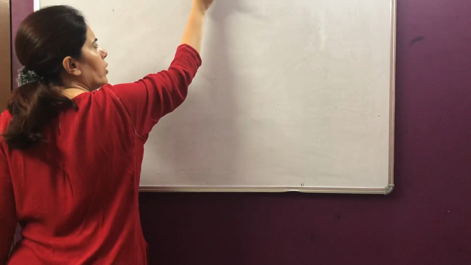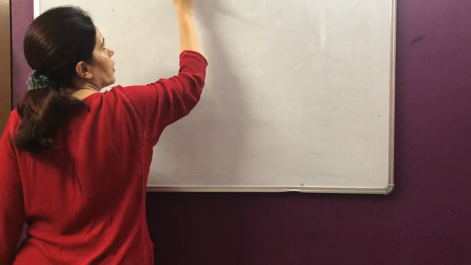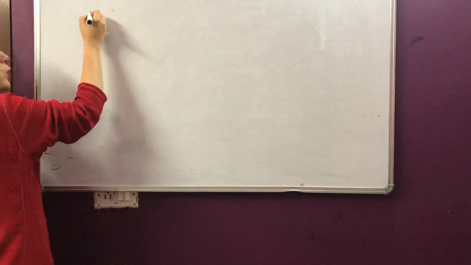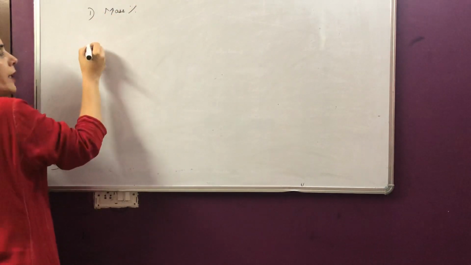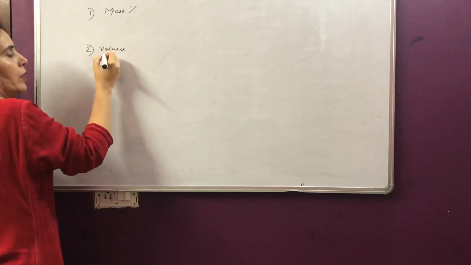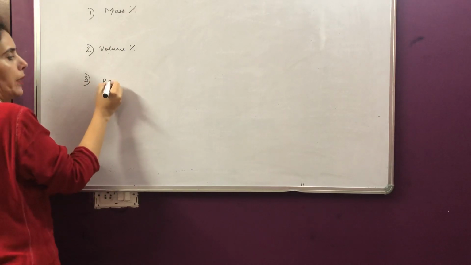What do we mean by concentration? By talking about concentration, we mean the amount of solute which is dissolved in the solvent to make a solution. So the first was mass percentage. The second was volume percentage. The third was parts per million.